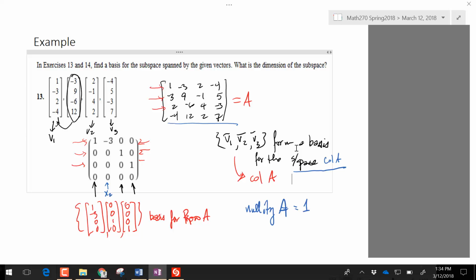Oh, I may have said that, huh? It's the row space and the null space. The row space and the column space have the same dimension. So if they're in R3 and the dimension is 2, then, I guess that's not a good example. A good example of where that would fail would be if it's not a square matrix.